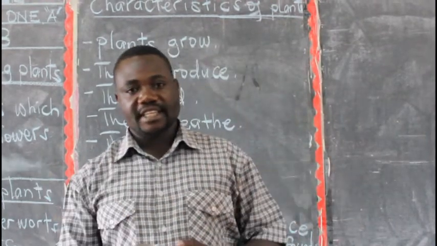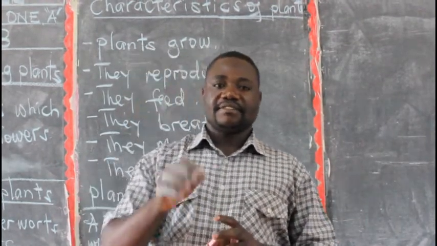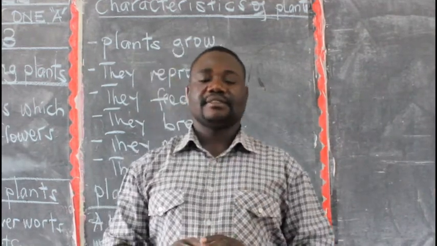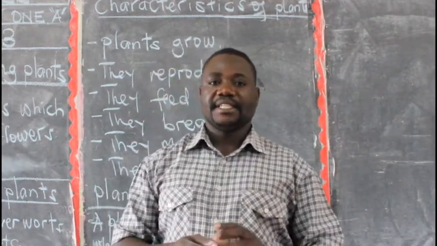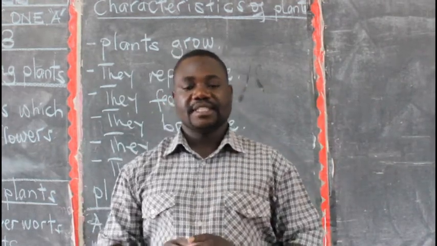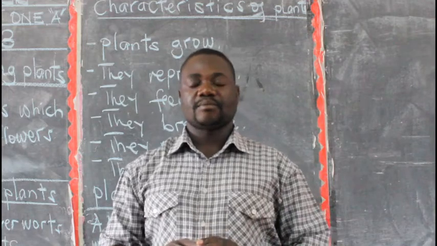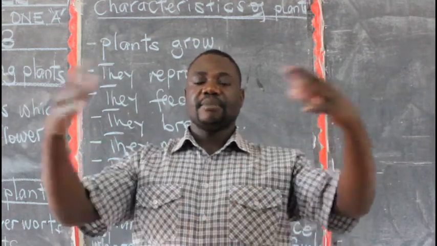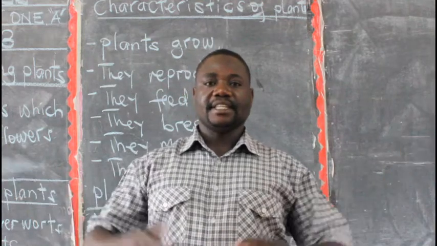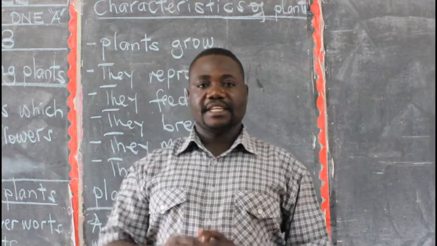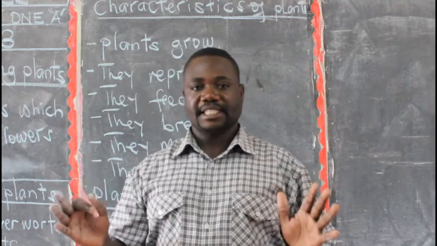So basically, living things, we define them as things that have life, okay? And we even gave some examples of living things. However, there are very many in the community, and we are proceeding with the plants.